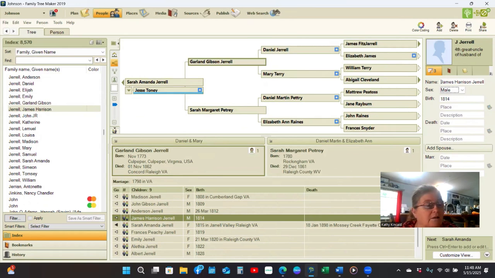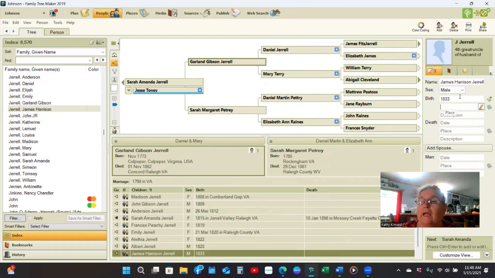And he did. I'm going to change it because that's what it says on his marker. 1833 and died in 1898, 96. Okay, and then we have Robert Poindexter, which is next.